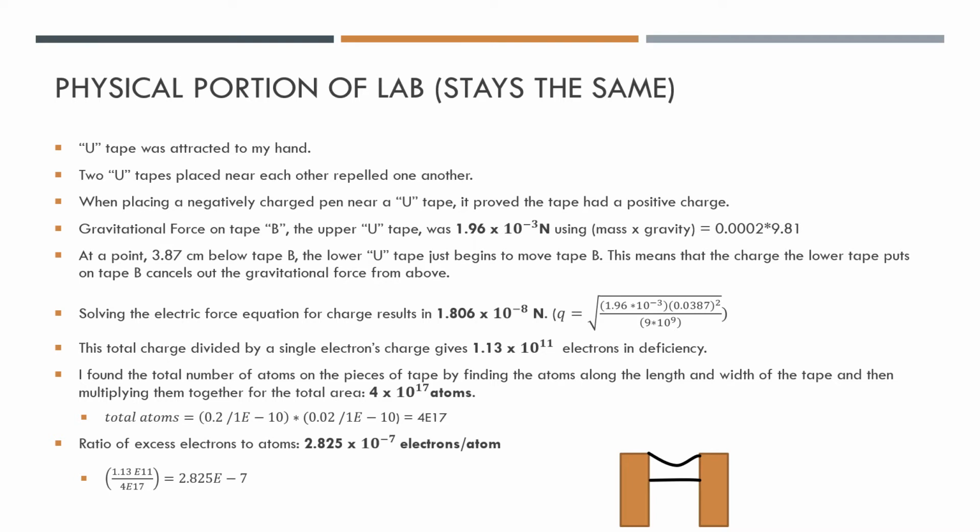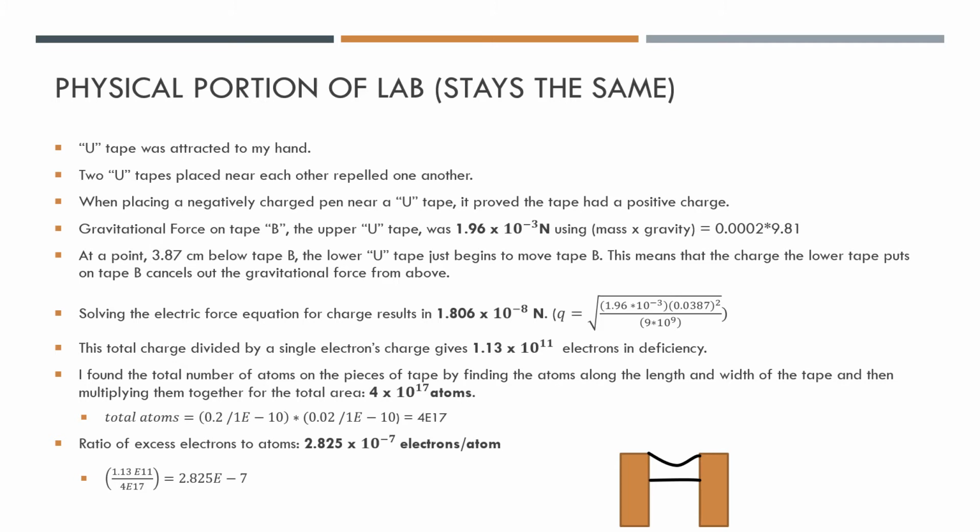So when you solve this equation for charge, it results in a charge of 1.806 times 10 to the negative 8 coulombs, and that was the charge of one piece of tape. This total charge divided by a single electron's charge gives 1.13 times 10 to the 11 electrons, and that is in deficiency, creating a positive charge.